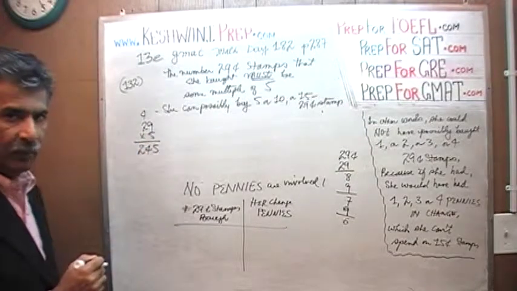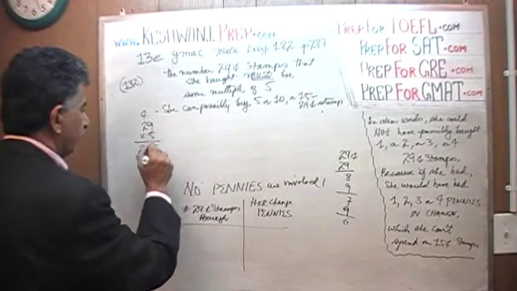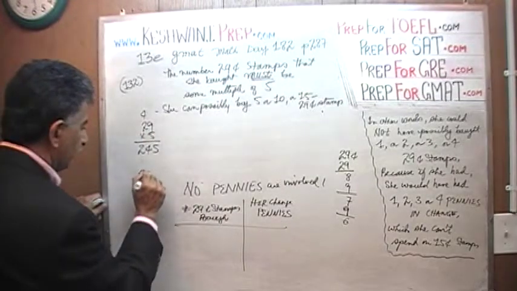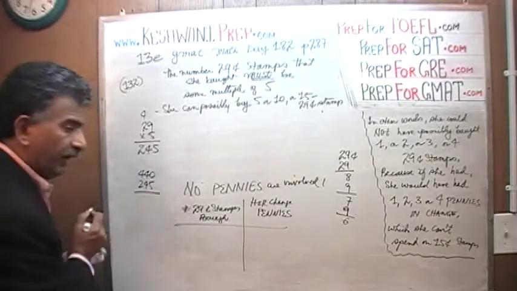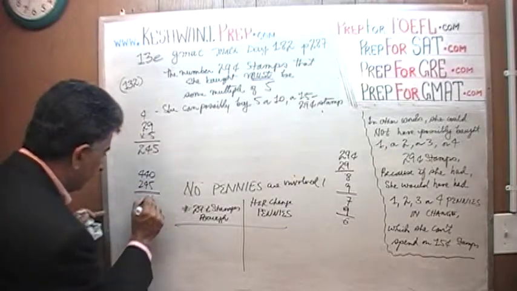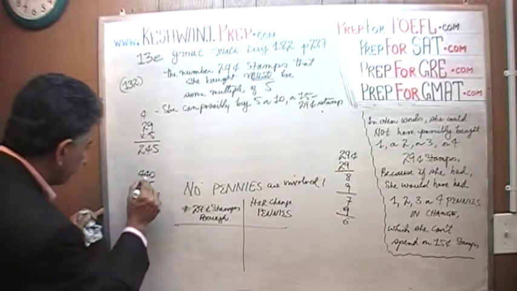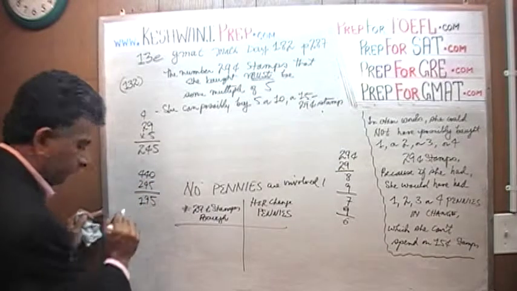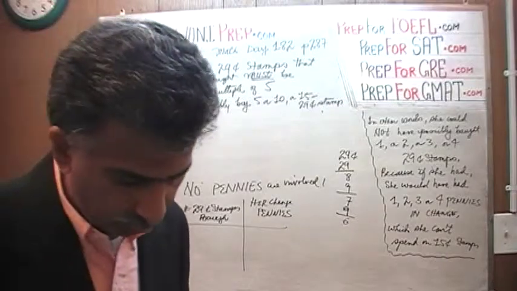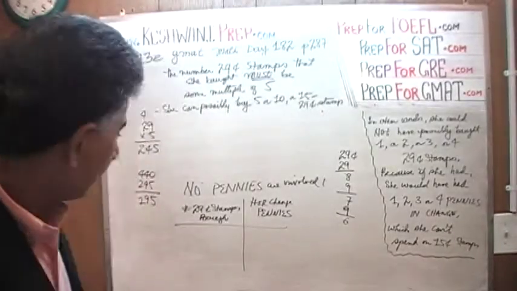That's $1.45. We know that she spent $4.40. $4.40 minus $1.45 is going to leave us an odd nickel. And this is going to be 9, and this is going to be 1, I believe. $1.95 is what, or is it $2.95?